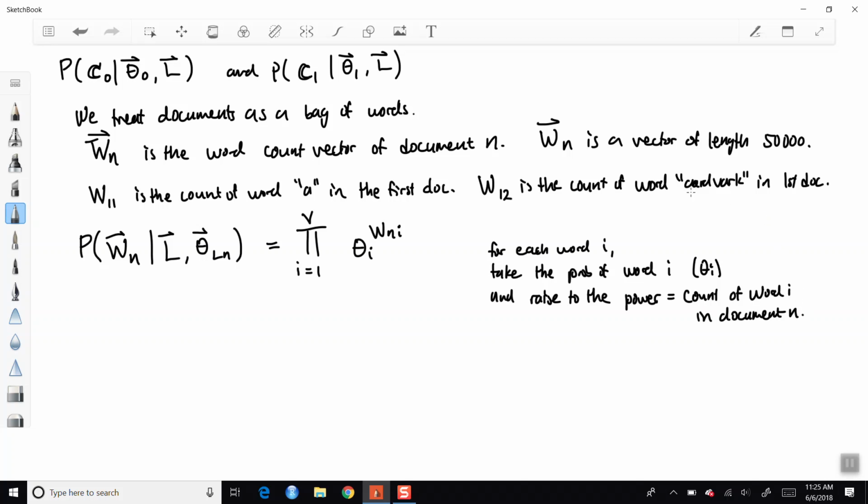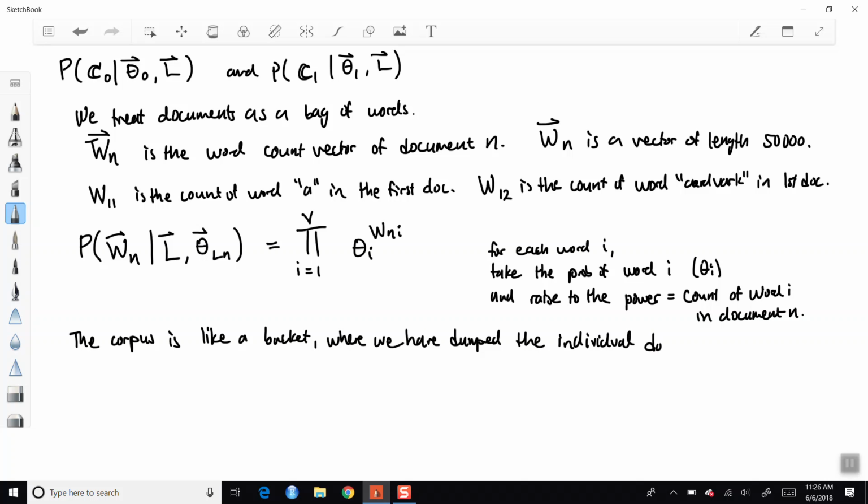So the corpus is like a bucket where we have dumped the individual document word bags.